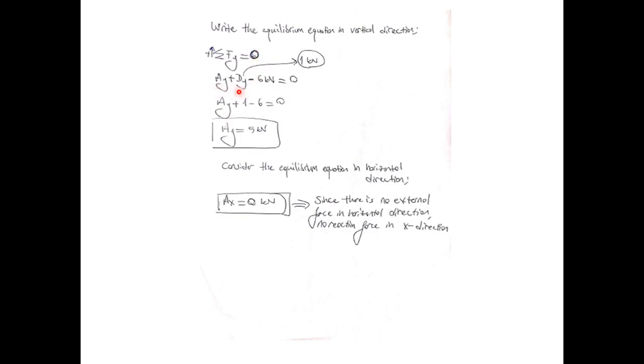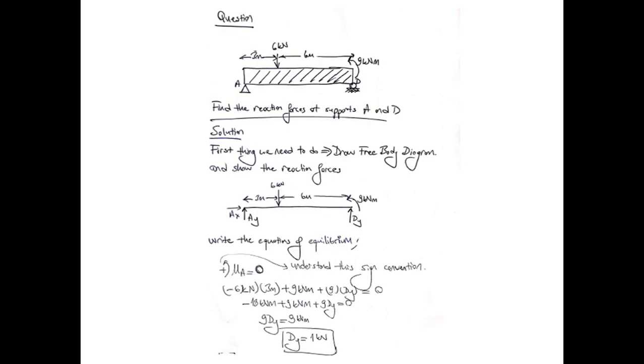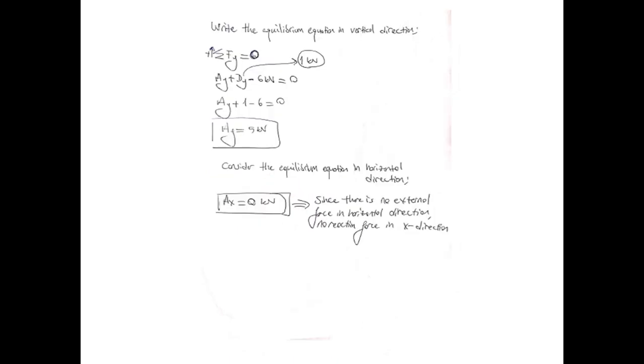AY and DY, I assume, are both acting in the upwards direction, so they are both positive, and 6 kilonewton here is going to have a minus sign because we assume upwards as positive, while 6 kilonewton is acting downwards.